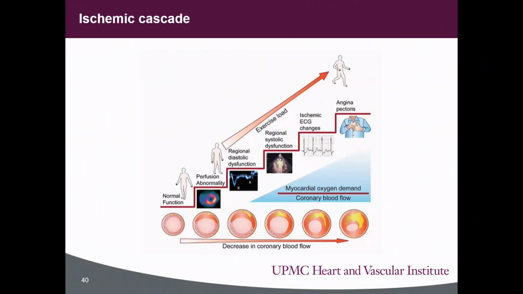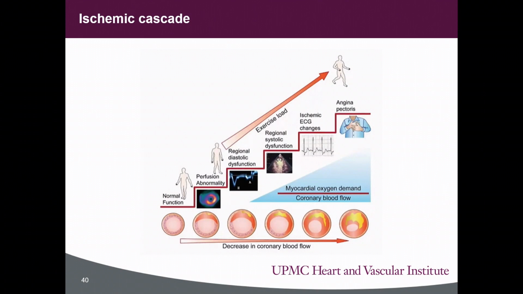So as we think about the ischemic cascade, you'll have normal function. Those perfusion abnormalities can show up. So even if someone's not having clinical symptoms, because of those changes that I just showed you about coronary flow, we might be able to pick up ischemia on a stress test in advance. In terms of stress echo, we think about the diastolic, but more in particular the systolic dysfunction.